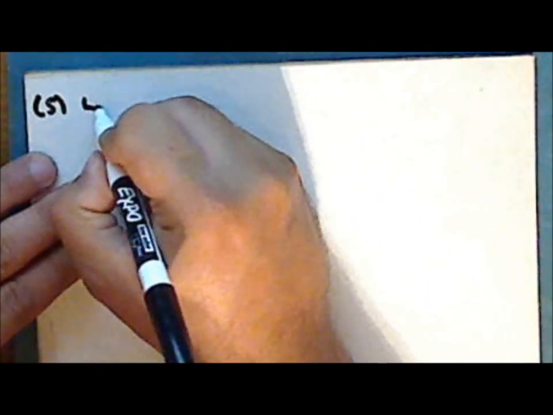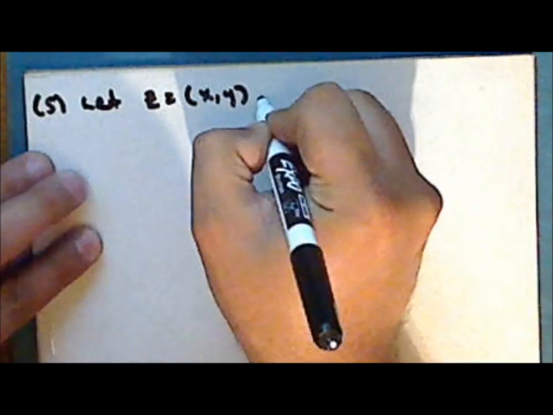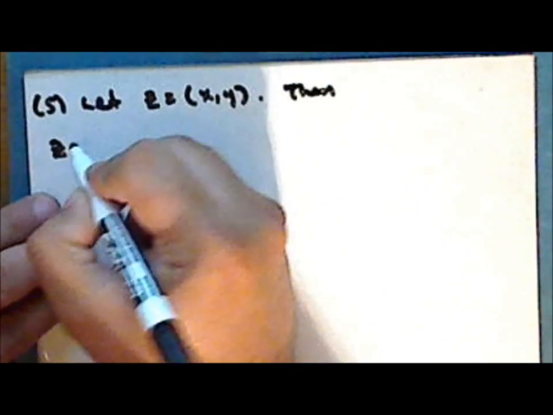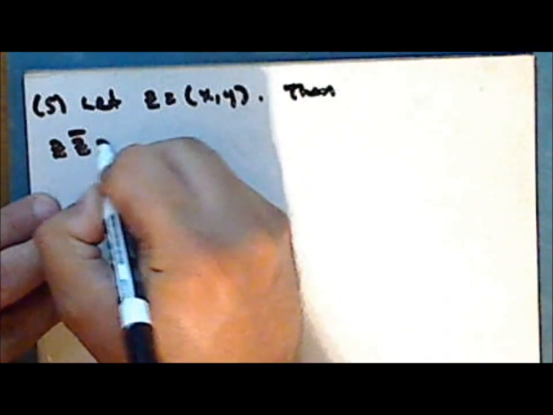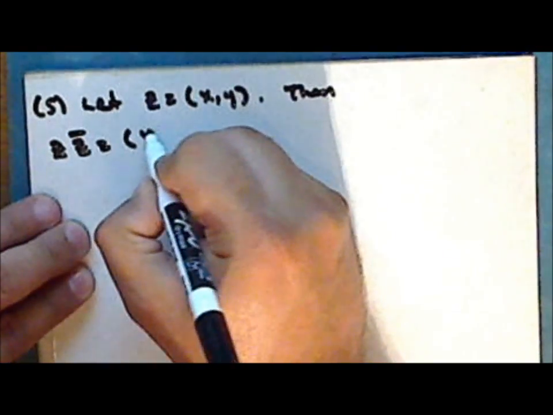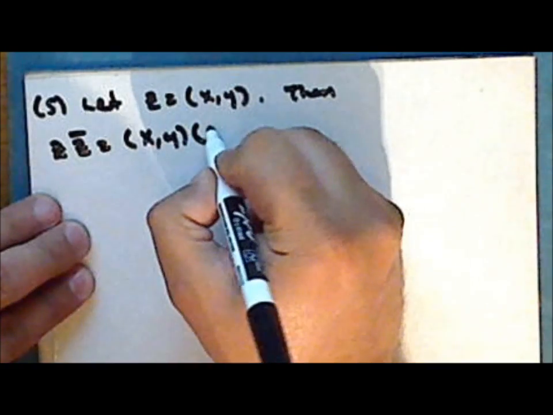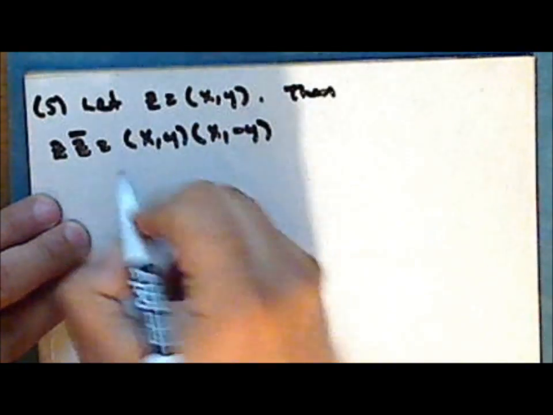Okay, so fifth part. Let the complex number z be the ordered pair (x, y). Then the product of z with its conjugate is the product of ordered pairs (x, y) and (x, -y).